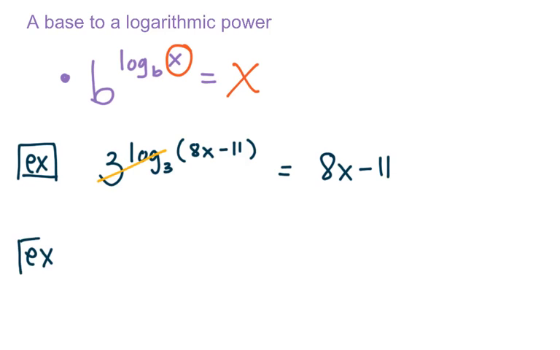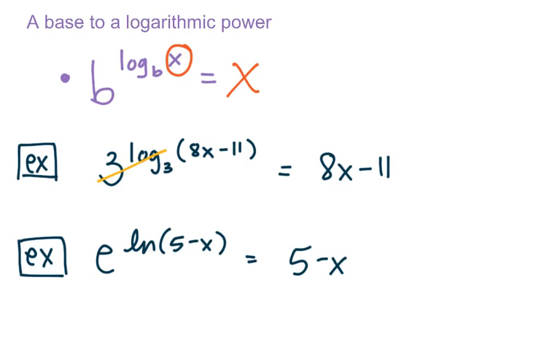Or e to the natural log of 5 minus x. So e and natural log are the same base. This simplifies to just 5 minus x.